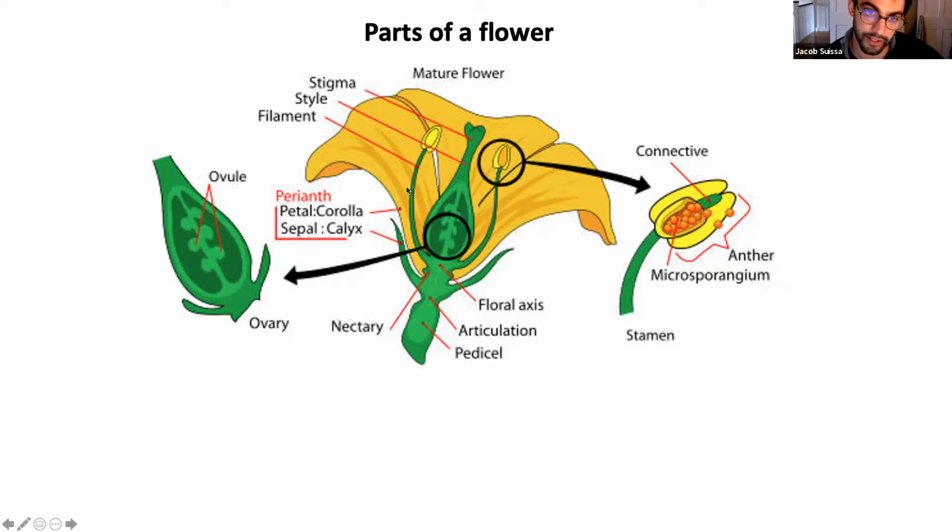Moving outward once more, the green leafy structures that subtend the flower are called the sepals. Individually they're sepals, but together we talk about them as the calyx. So that's the basic form of a flower.